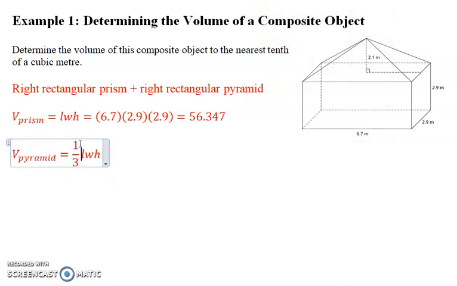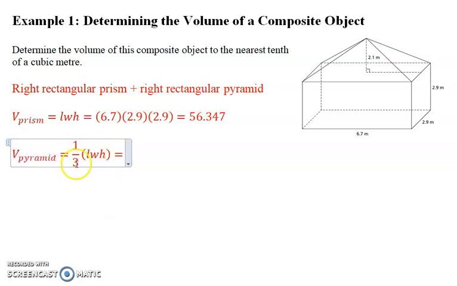You don't have to memorize it, it'll be given. So it's 1/3 of the length times the width times the height. The length and the width are going to be equivalent to that of the rectangular prism because it sits right on top, as you can see here. So 6.7 would also have a 6.7 here, and 2.9 would have a 2.9 here. All right, so let's calculate that.